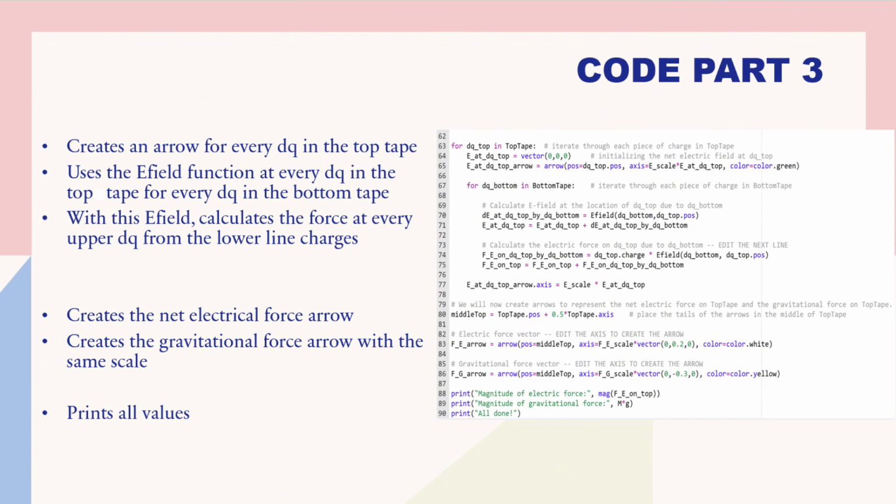With this, we found the sum of the electric field at a specific upper tape segment from each charge segment in the bottom tape and iterate through every top DQ. With these electric field values, we multiplied by the charge at these upper charge segments to get the electric force at each segment. We then create arrows for the net electric field and gravitational forces on the upper tape. To finish our code, we print all of these values out.